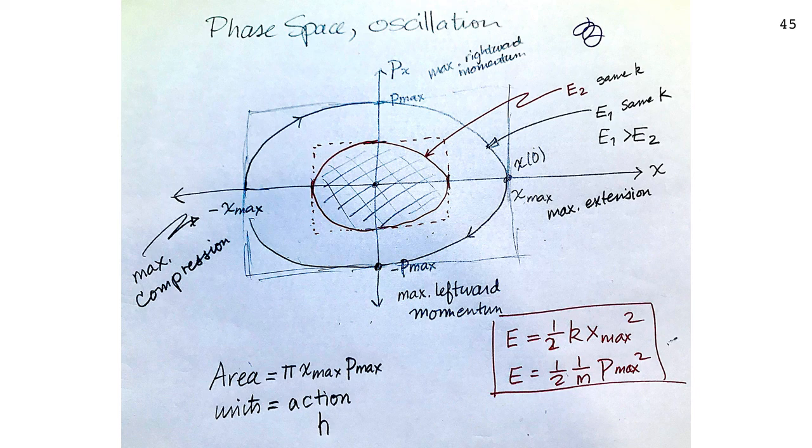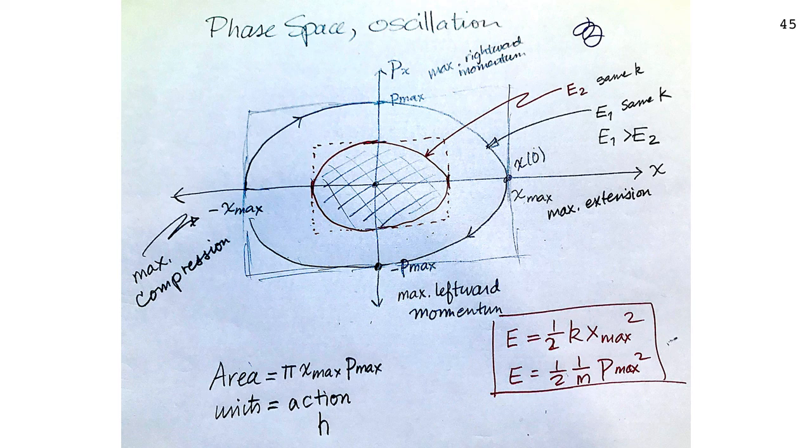In an oscillator, the total energy of the system is equal to 1/2 K times X max squared. That's the total energy of an oscillator system. It's also equal to 1/2 times 1 over M times P max squared. So these two numbers are the same for a standard mass.